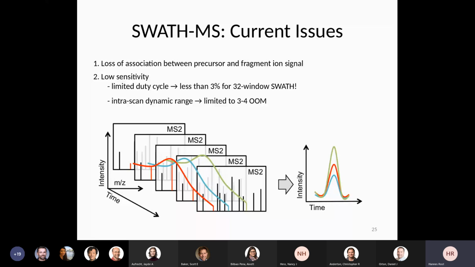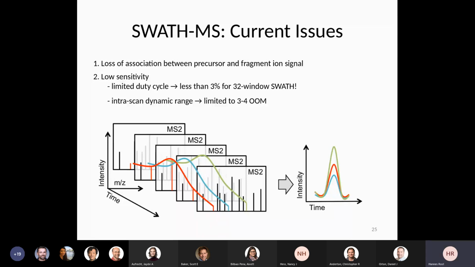So that means of the total ion beam of a given analyte, only ever 3% of that analyte gets fragmented and then moved into the analyzer. And 97% of the time, that analyte is going into the quadrupole and gets filtered out and basically is lost for analysis. And so we reasoned, well, it's no wonder that we have issues with sensitivity if our methods inherently lose 97% of our analytes on purpose.